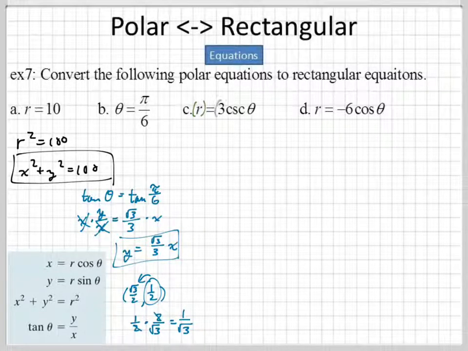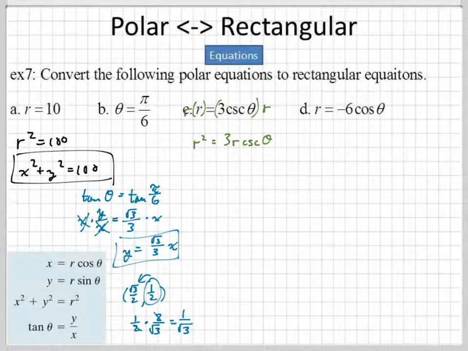If I take both sides and multiply them by r, I have an r squared here, and on this side I have a 3 times r times cosecant theta. Now these three terms that we're multiplying together, it doesn't matter the order that you put them in, but you'll notice that when I put them in this order, you notice something right here. You can't do anything. You guys notice this?